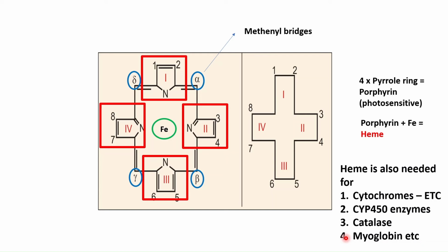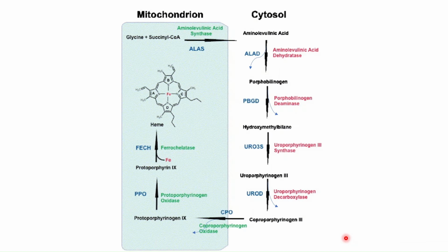Now let us look at the metabolism of heme synthesis. Heme synthesis takes place partly in the mitochondria and partly in the cytoplasm. The starting material is glycine, which is a neutral amino acid, and succinyl coenzyme A, which is an intermediate of the TCA cycle or the Krebs cycle.